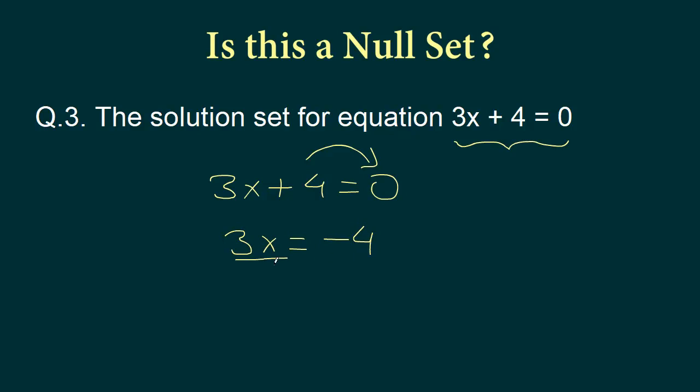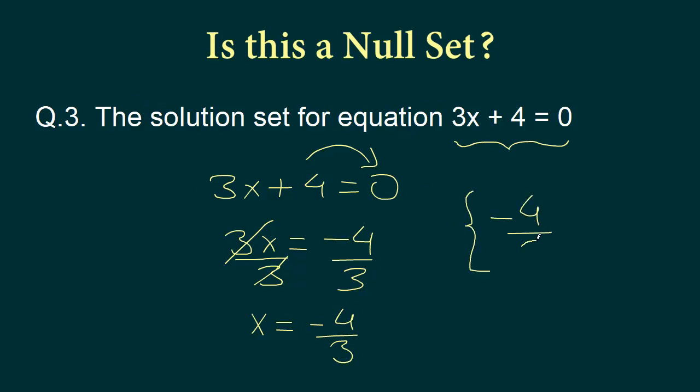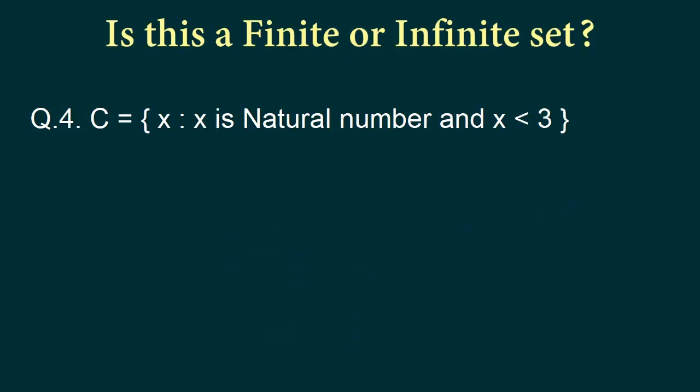We will simply divide both sides by 3, and 3 will cancel out, and we will see x equals minus 4 divided by 3. So this set contains one element which is minus 4 by 3. So this is not a null set. It is actually a singleton set. It contains one element.